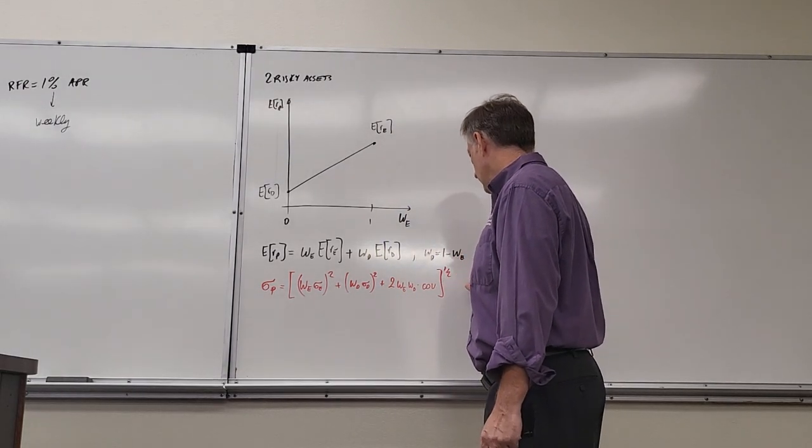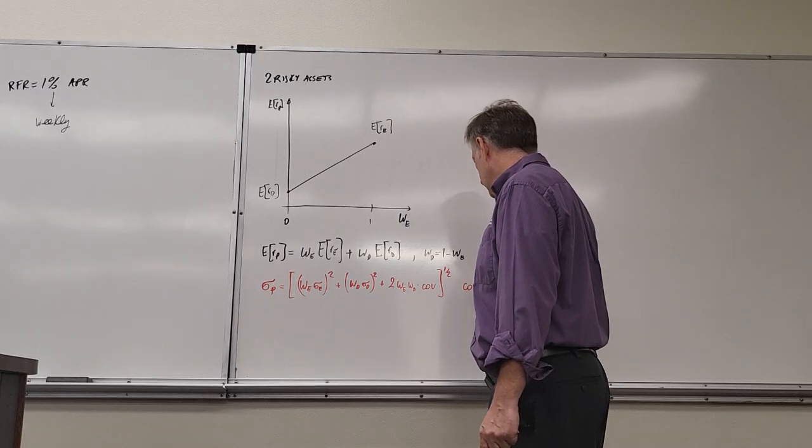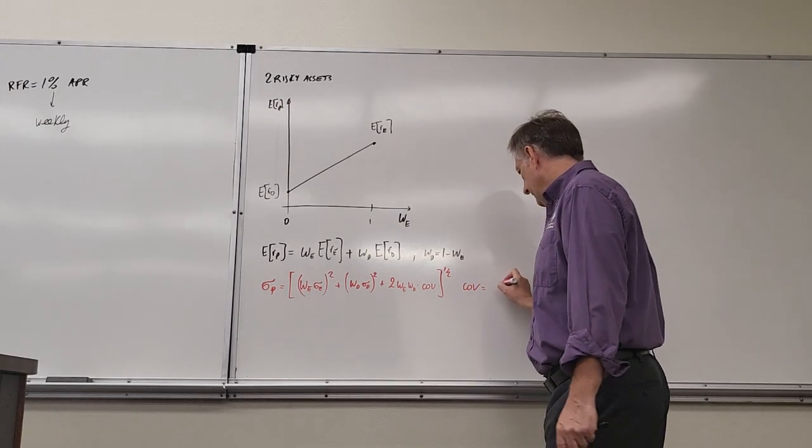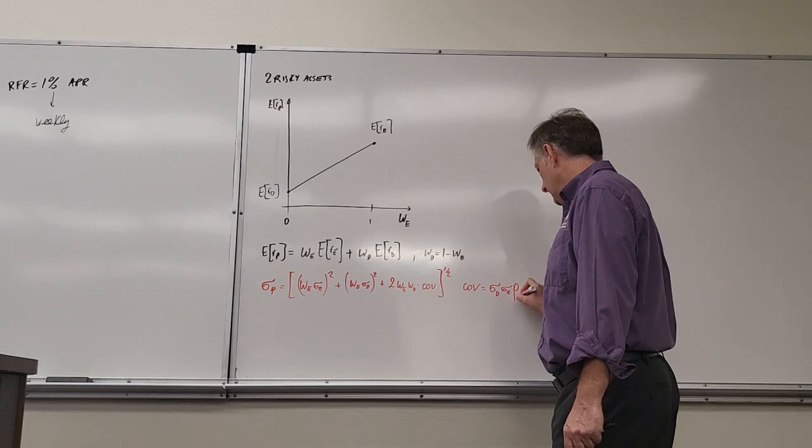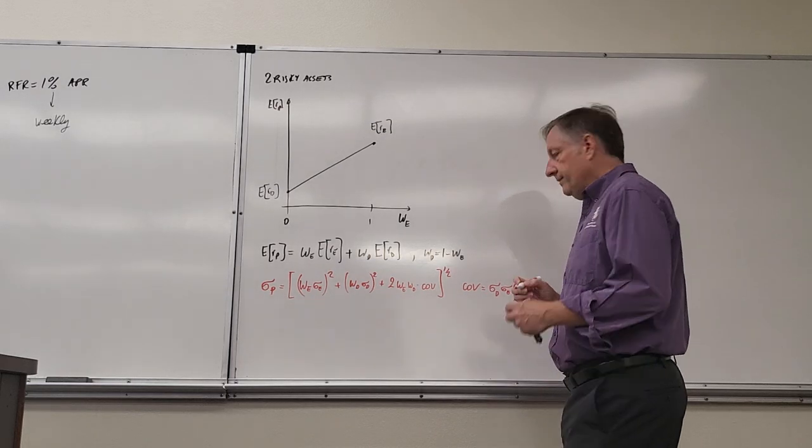And then the square root. Where the covariance is the risk of debt, the risk of equity, and the correlation between debt and equity.